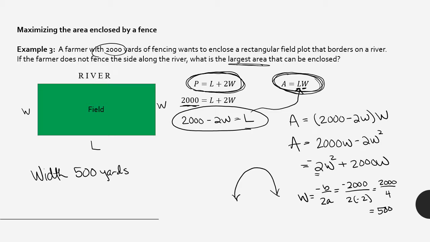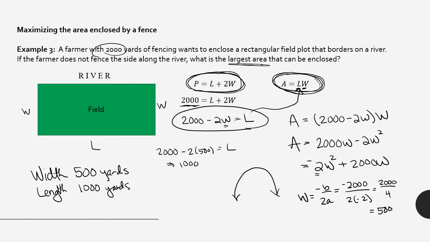Okay, let's plug that into the equation here to get L. So 2,000 minus 2 times W, well, 2 times 500 is 1,000, and 2,000 minus 1,000 is 1,000. So the length is 1,000 yards, which again I got by plugging into this equation here that is solved for L. 2,000 minus 2W is equal to the length, and that works out to be L is 1,000.